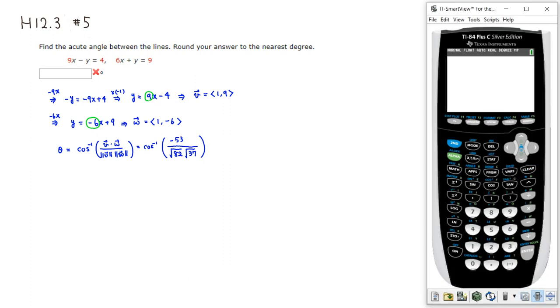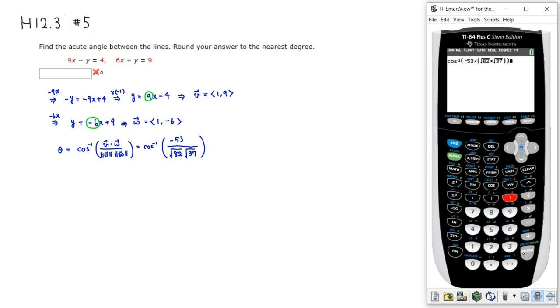We want the arc cosine of negative 53 divided by, I have to be careful, so I'll put parentheses there, the square root of 82 multiplied by the square root of 37, then close the parentheses, and another parenthesis for the arc cosine.